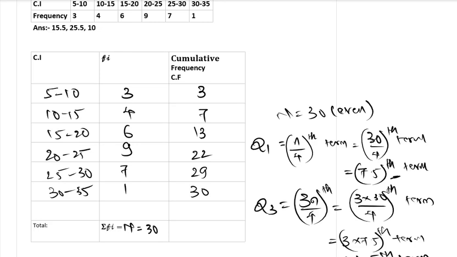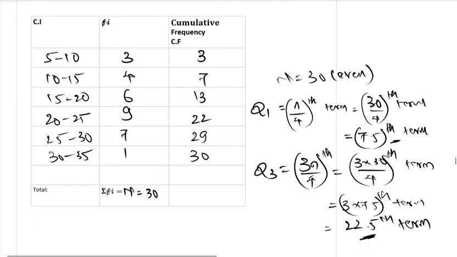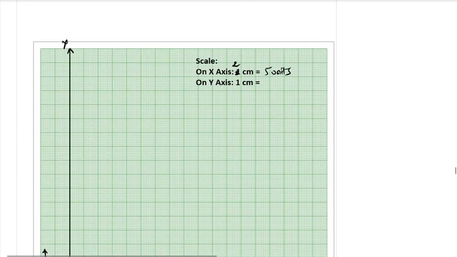Or I can take... what should I do? 30 it is, right? For every 2 centimeters, I will take 5 units on y also.